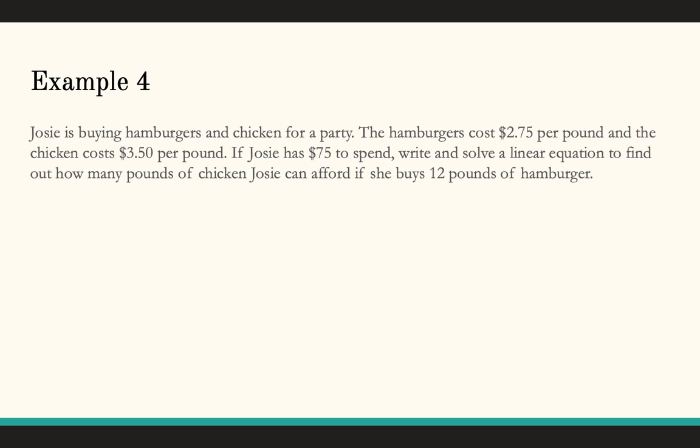For our last question and example here, we are going to use this form, standard form, to help us. And that's because we have 2 rates here. We have the cost per pound for a hamburger and the cost per pound for a chicken.